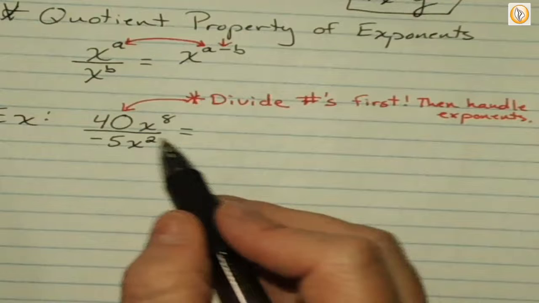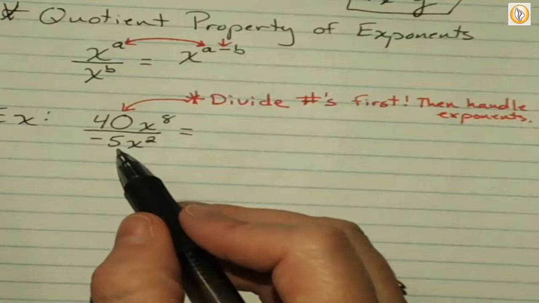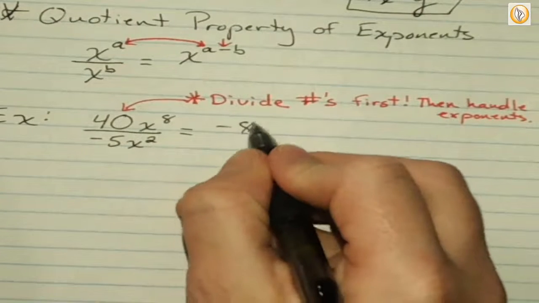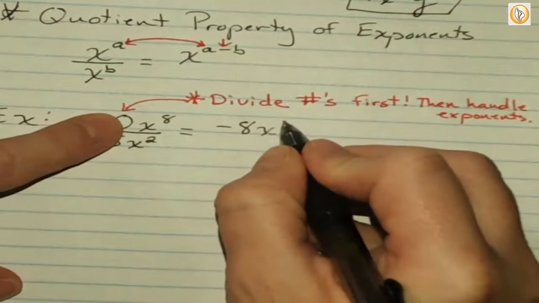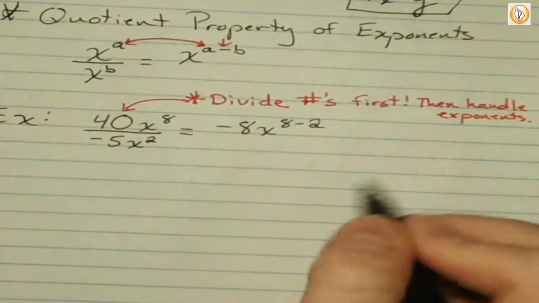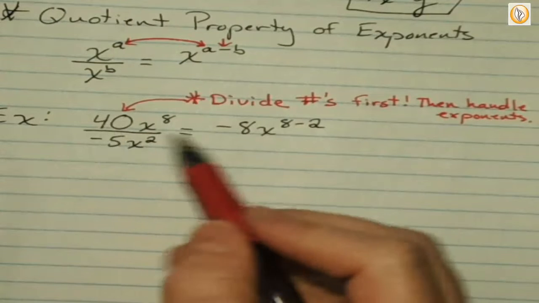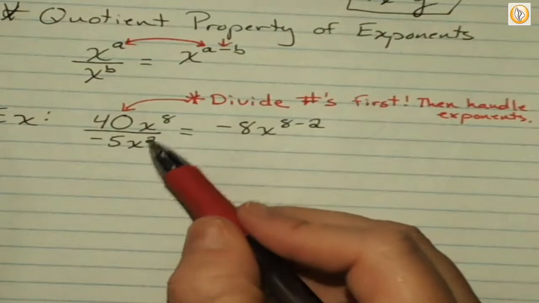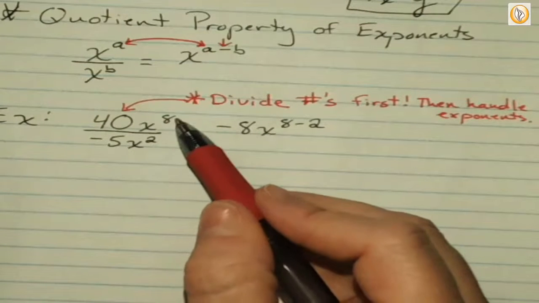So for example, 40 divided by -5 is what, Michael? Then we're going to do x 8 minus 2. So we're dividing the numbers first, and then since these bases are the same, we're gonna subtract because it's dividing.